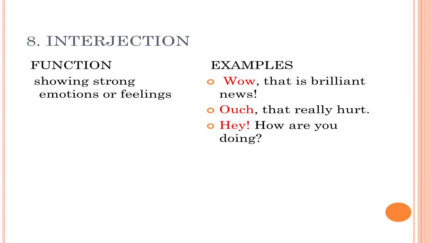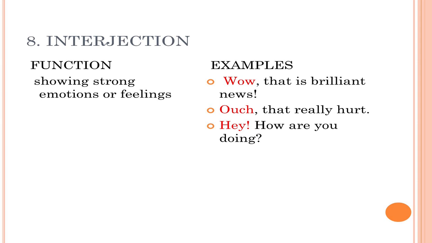3. Hey, how are you doing? Now, here, hey is an interjection, and it kind of expresses surprise and amazement or happiness in meeting a fellow and finding out how the fellow is doing. Hey is an interjection.